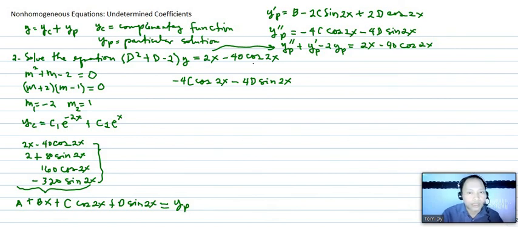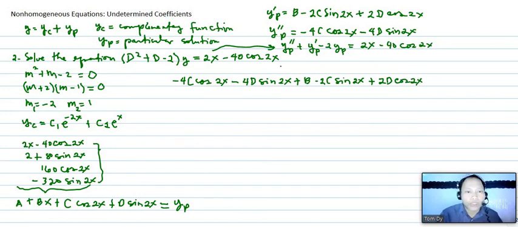Then the first derivative: plus b minus 2c sine of 2x plus 2d cosine of 2x.